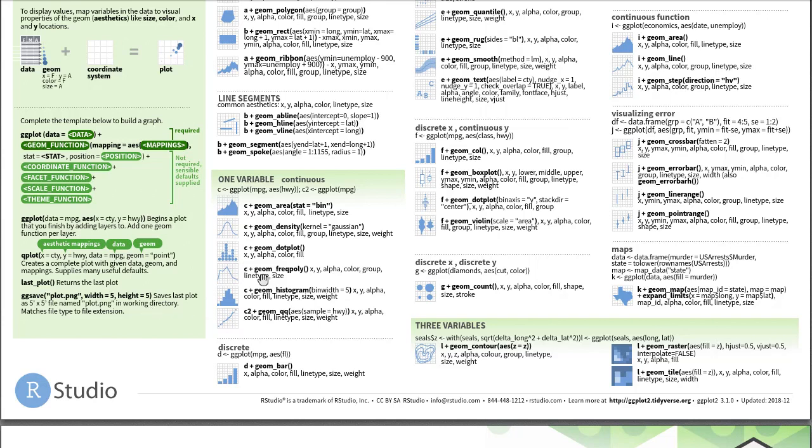So what does that C mean? Well, look at the very top up here, right under one variable continuous. C means you put in the ggplot and you put in your data and maybe an aesthetic. But notice for an aesthetic, it's only putting in one possible aesthetic here because this is one continuous variable. Does that make sense? So let's try that with our, and look, it's using the same data set that we used.